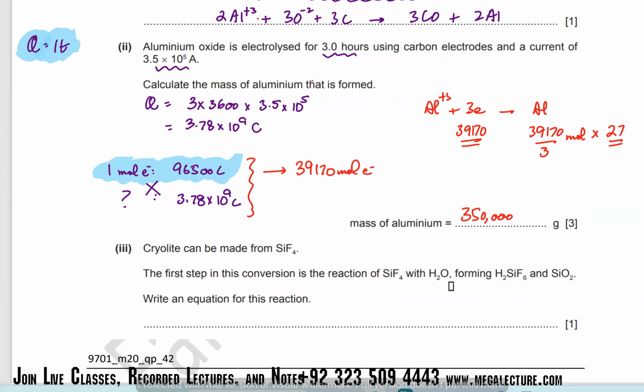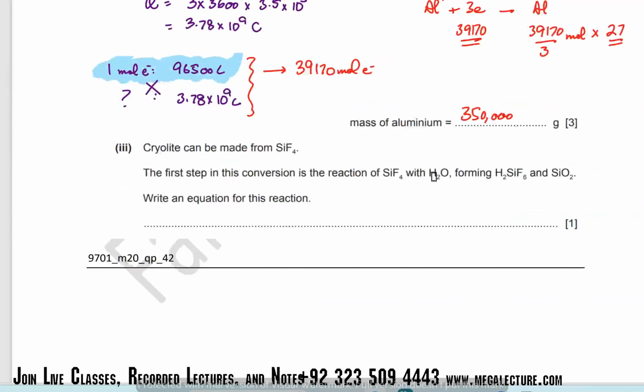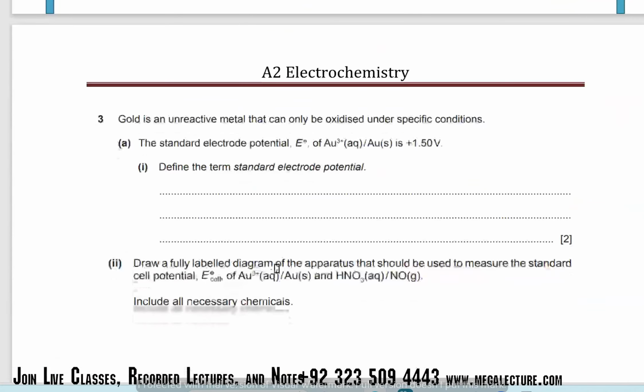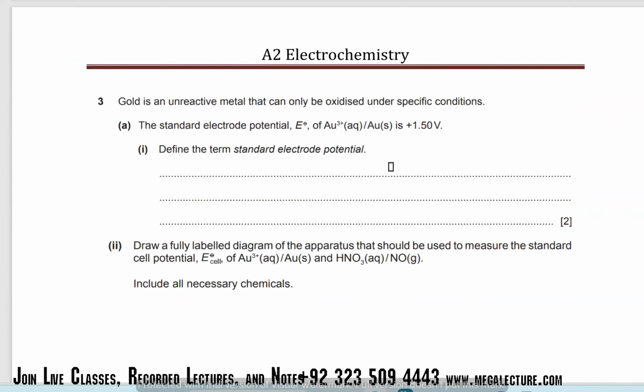So now, Sarathi, you can just make the equation yourself. As I define the term standard electrode potential, we did write down this definition. So what is this term standard electrode potential? It is the potential difference measured between a standard electrode and a reference point. What was that? That was a hydrogen electrode.